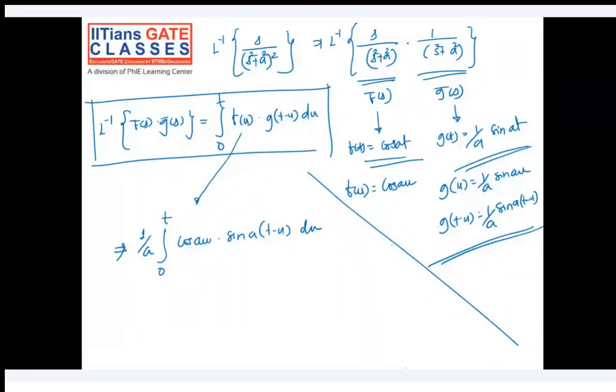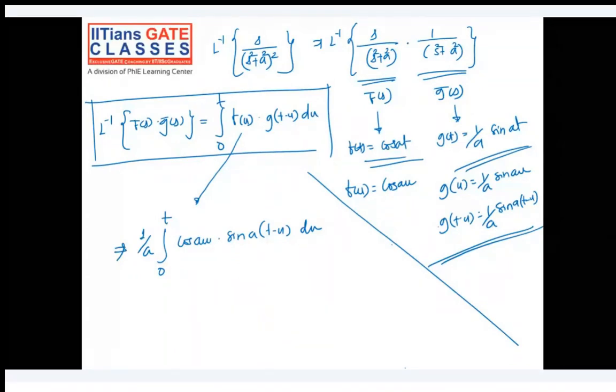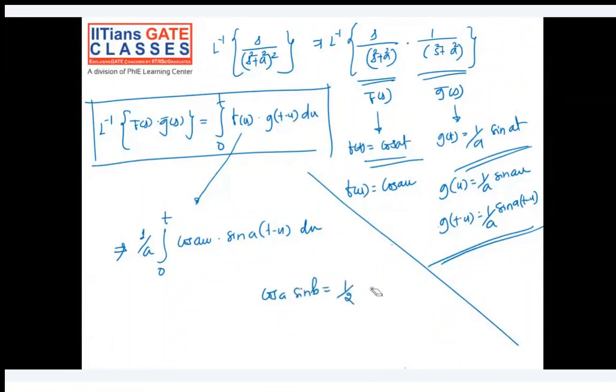So cos A sin B formula. Do you know the cos A sin B formula? Cos A sin B is equal to 1 by 2 [sine of A plus B minus sine of A minus B].